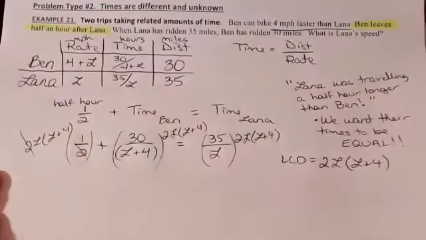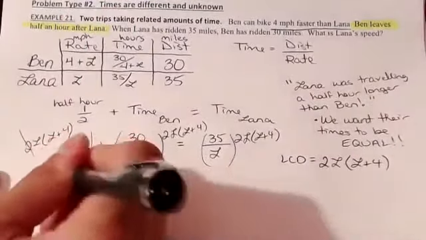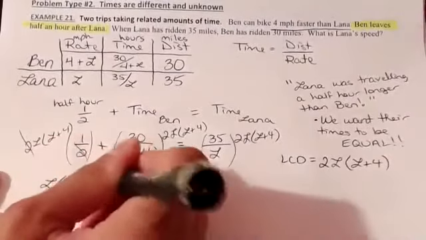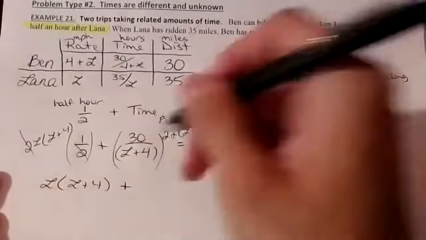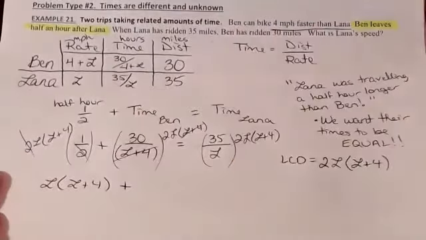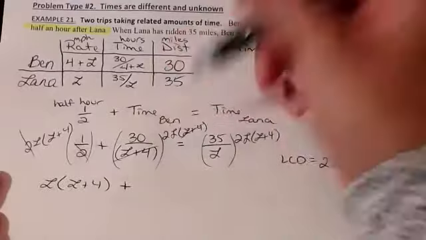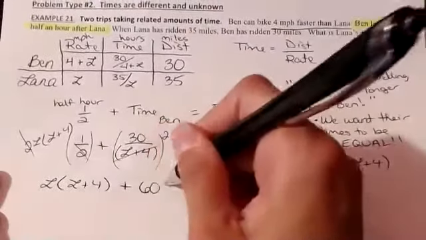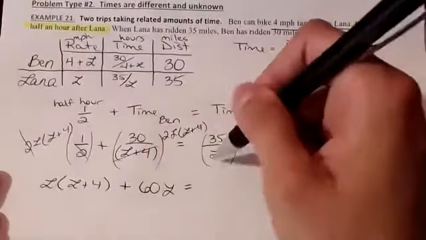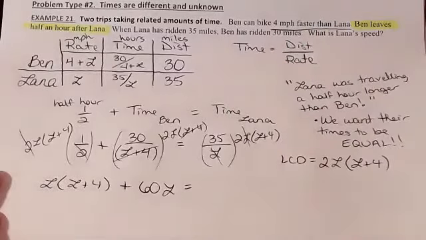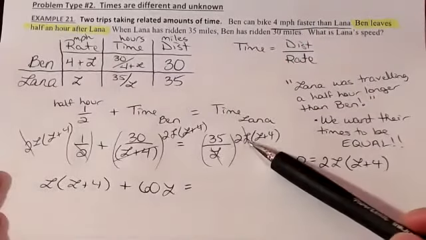So the 2's cancel. I'm left with L times L plus 4 plus, notice the L plus 4's cancel. So I'm left with 30 times 2L, which is just 60L. And then my L's cancel, just the ones that are by themselves, okay?